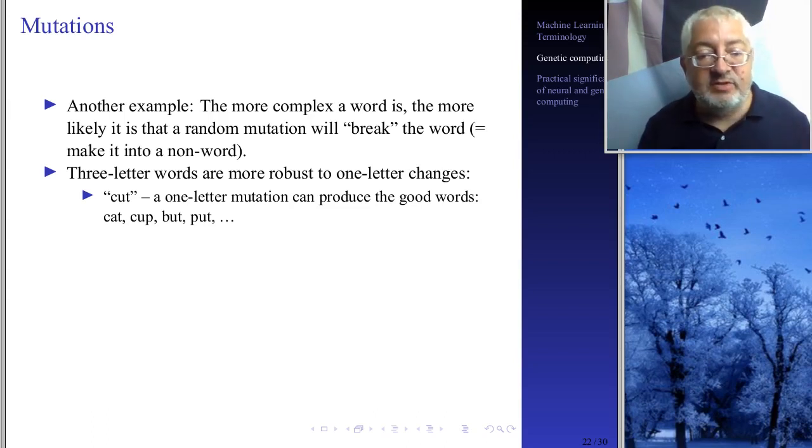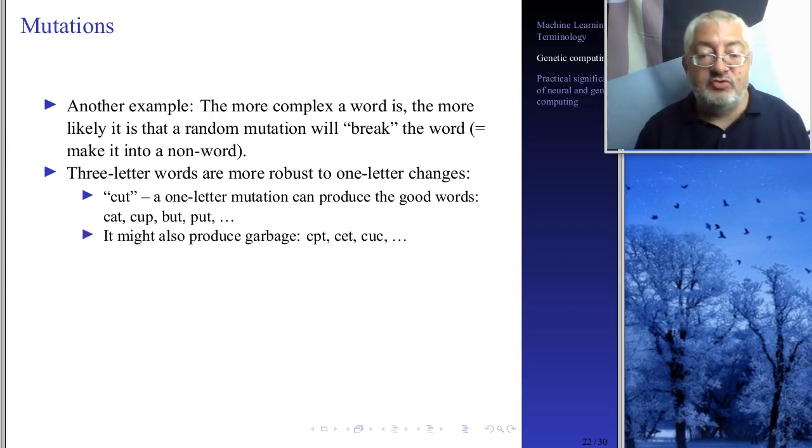The cut with a mutation can become cat, or it can become cup, or it can become butt, or it can become put, and these are all words. So many random mutations will produce valid words. It might also produce garbage, of course, like CPT, CET, CUC, and so on, which are not words. But still, many of these mutations will produce valid words.